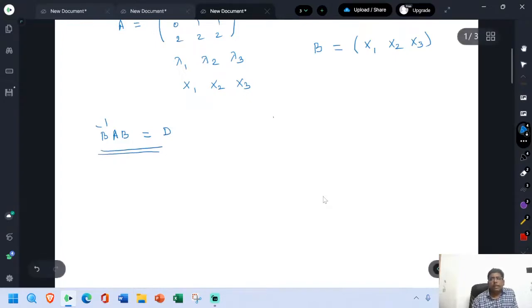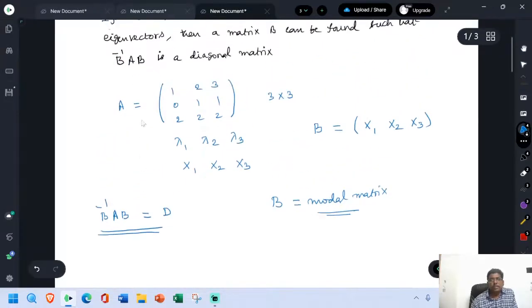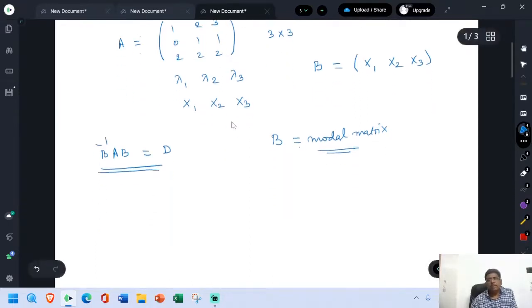Then the matrix B is called as model matrix, and the model matrix is constructed using the eigenvectors of the given matrix A. Using this model matrix, we can change the given matrix A into a diagonal matrix.